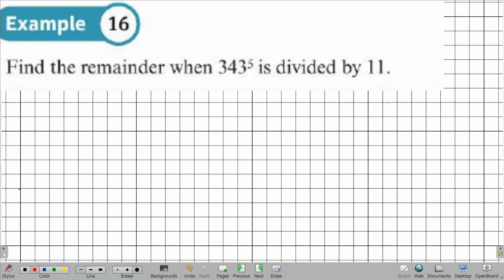All right, good afternoon. I thought I should explain this concept of divisibility using an example.